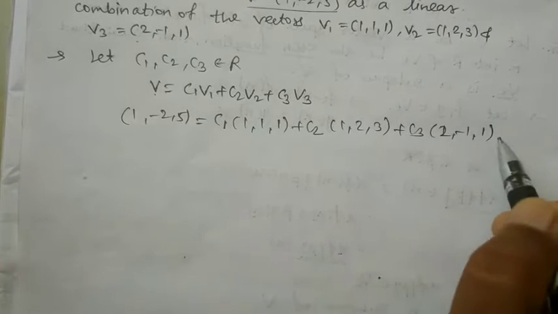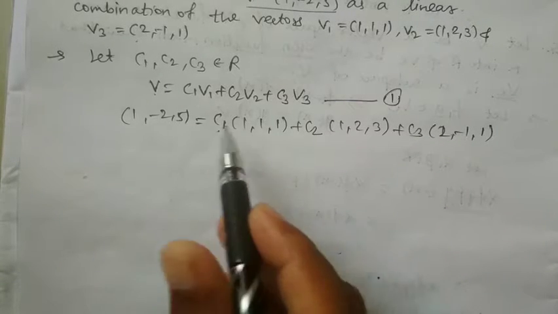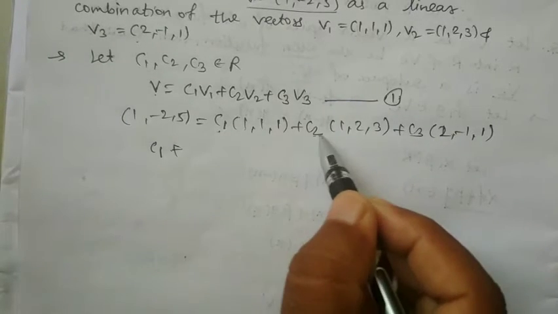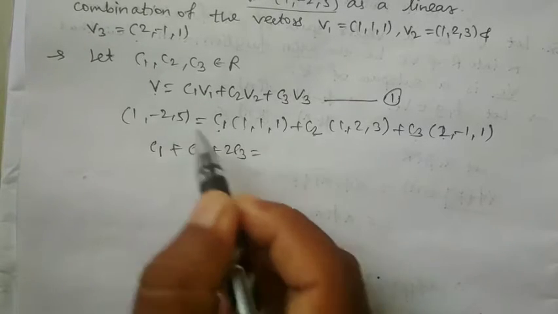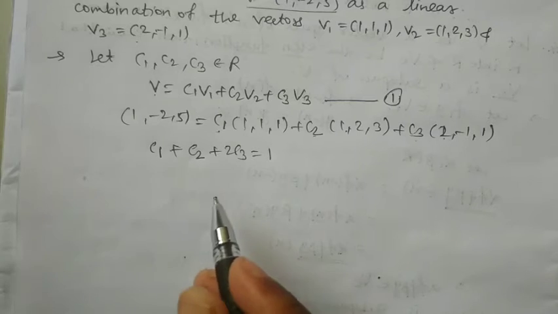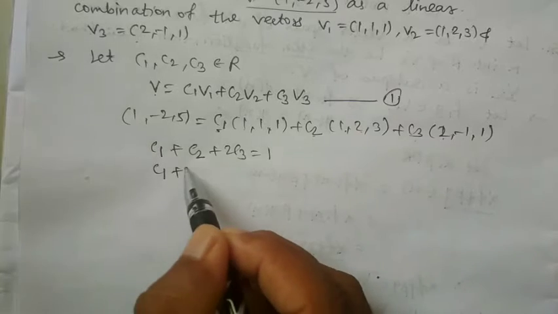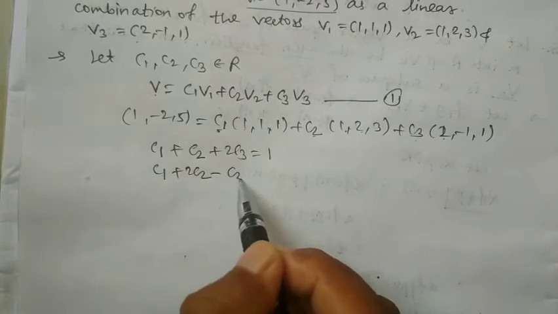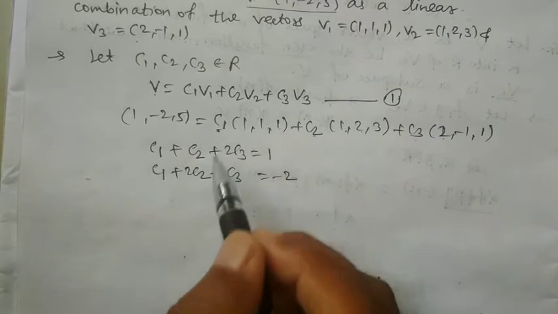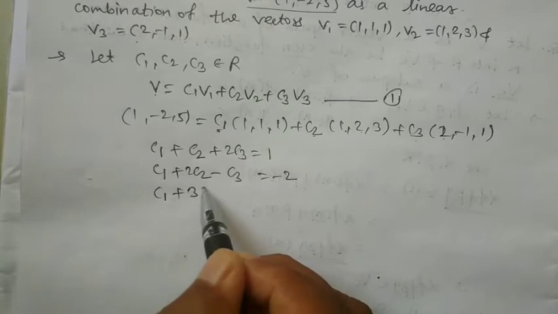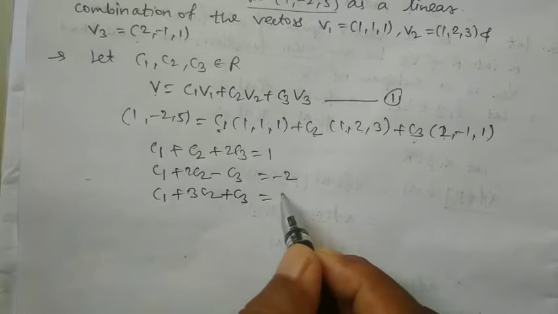Call the first equation number 1: c1 plus c2 plus 2c3 equals 1. The second equation is c1 plus 2c2 minus c3 equals minus 2. And the third equation is c1 plus 3c2 plus c3 equals 5.